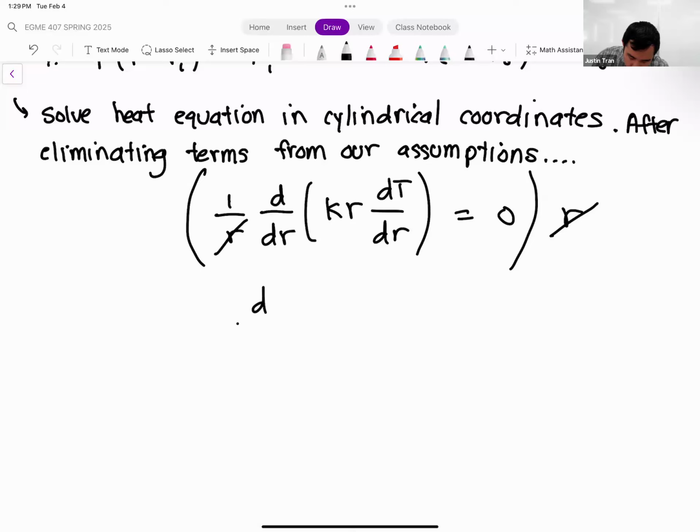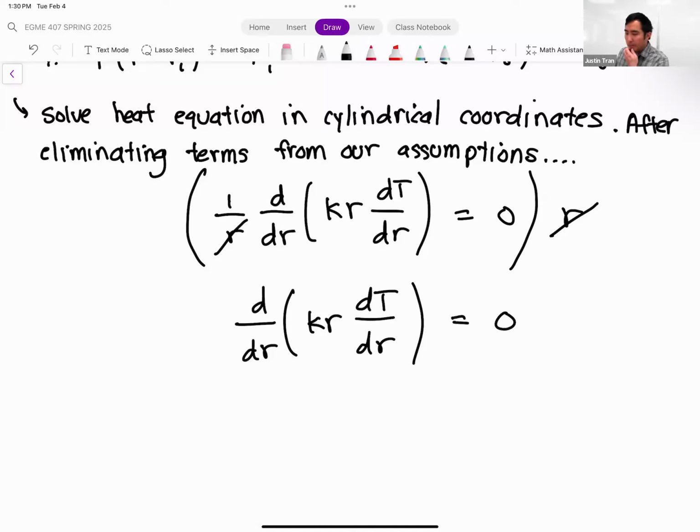And then all we're left with is d/dr of k r dT/dr equal to 0. Now that the 1 over r is out of the way, we can integrate this to cancel out that derivative.